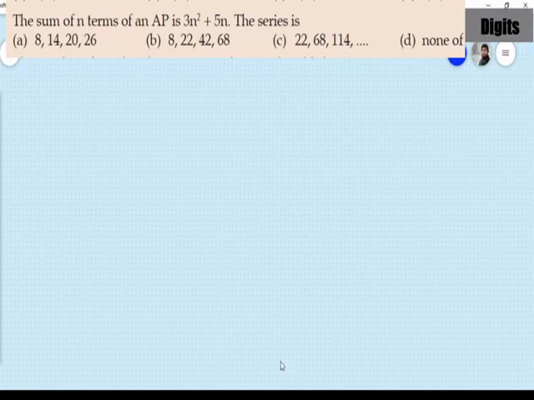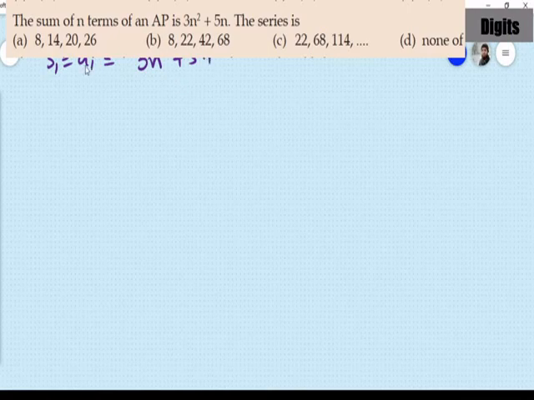Here the first term, which is S1, is equal to a1. Now it is given 3n square plus 5n.